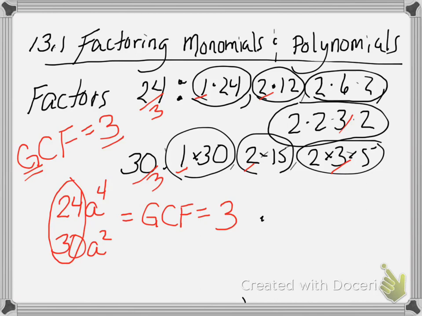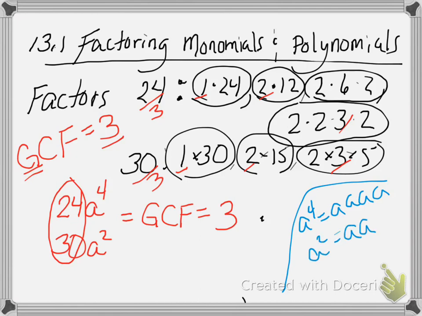The greatest common factor between a to the 4th and a squared, let's take a look at a's. So a to the 4th, let me do it over here because I'm running out of room. A to the 4th is a times a times a times a. A squared is a times a. So what they share, or what they have in common, is 2 sets of a's.